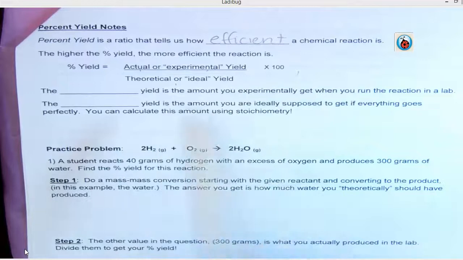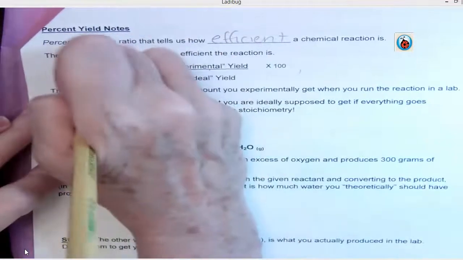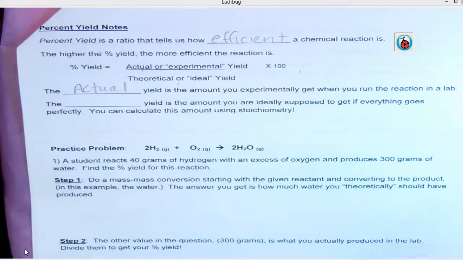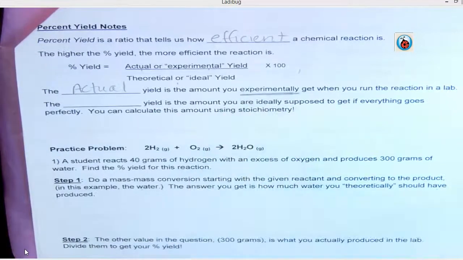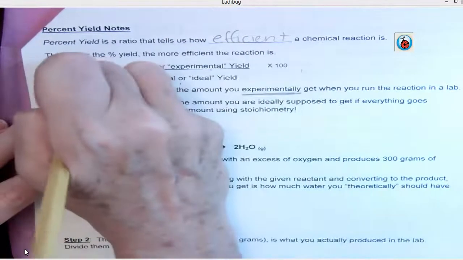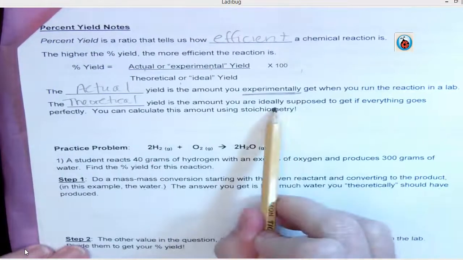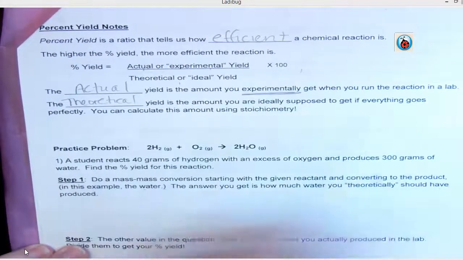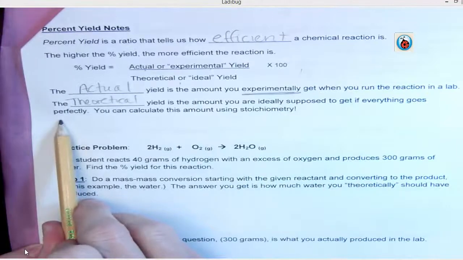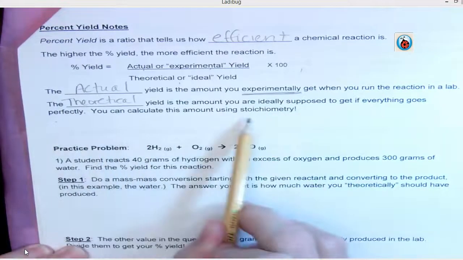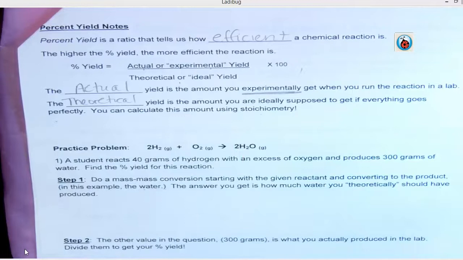All right, so right here, the actual yield is the one you got in the experiment, and the theoretical is the one you are ideally supposed to get if everything goes perfectly in your lab. And you can calculate that amount using stoichiometry, okay? And they're all mass to mass problems.